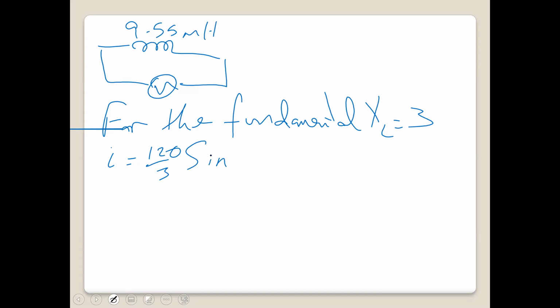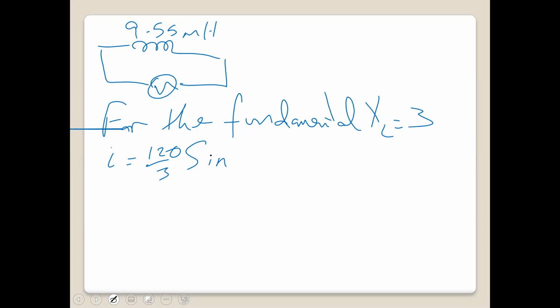No, the voltage is 120 sine omega t. What are we dividing by here? What does that 3 represent? The inductive reactance.